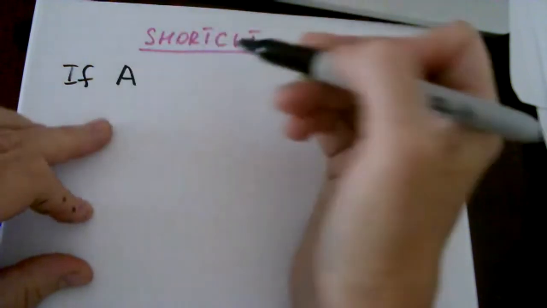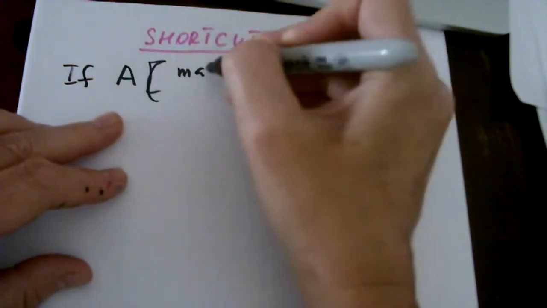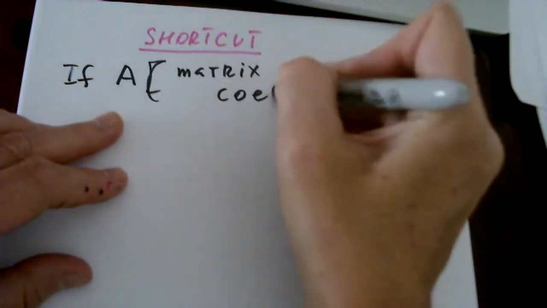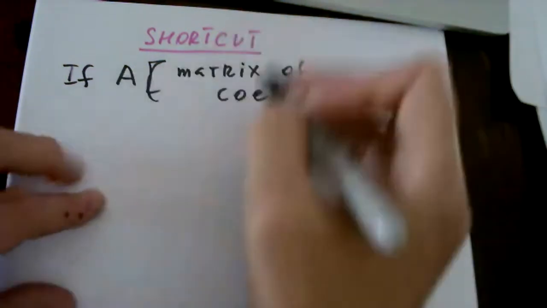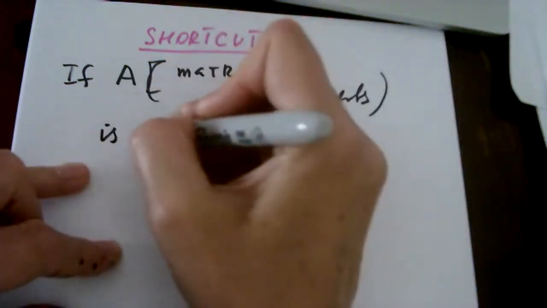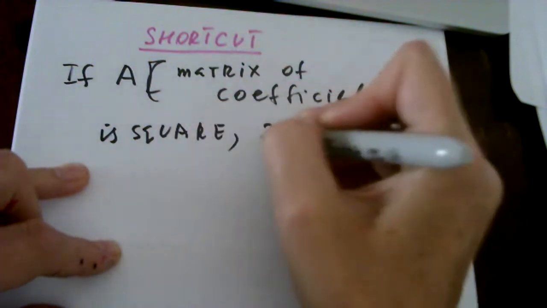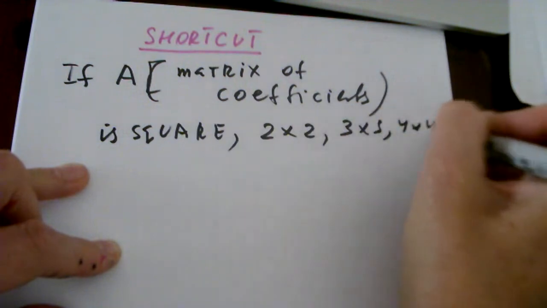are dependent or independent? The answer is yes, only if the matrix is square. So if your matrix A, the matrix of coefficients for your system, is square, it means that it has a dimension 2 by 2, 3 by 3, 4 by 4, and so on.